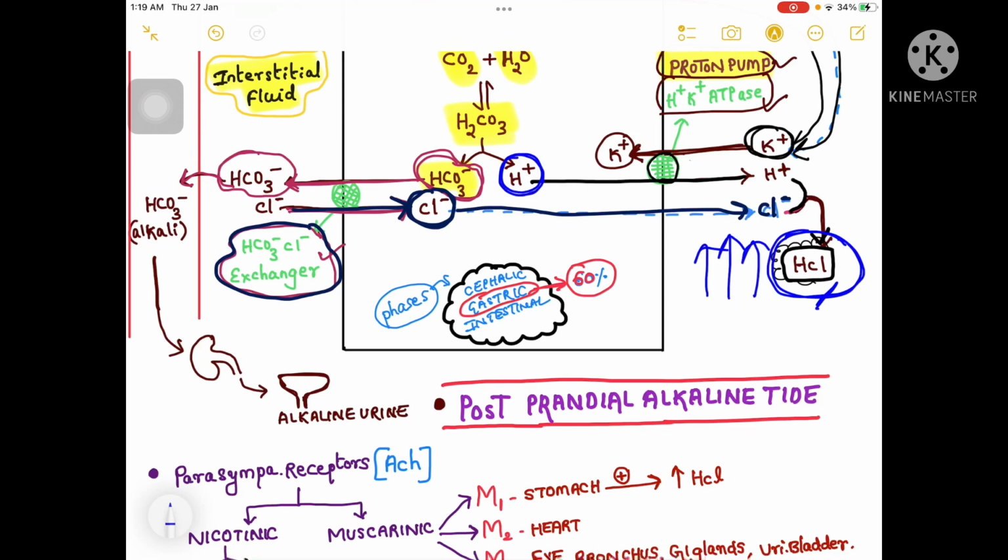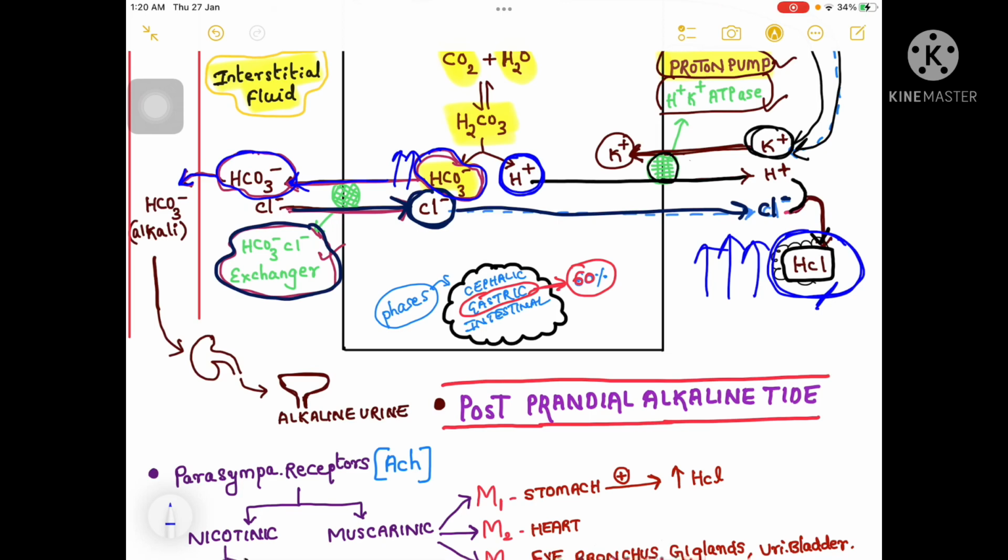Along with this more H plus, more HCO3 is also formed. After taking food, this larger amount of HCO3 is moved into the interstitial fluid, and from the interstitial fluid it reaches the blood.